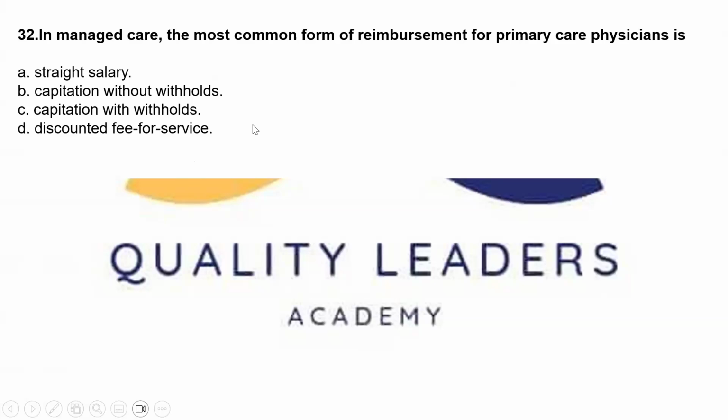Okay, in managed care systems, primary care physicians are often reimbursed through a capitation model with withholds. Withholds mean to deduct from a payment and hold back. So, under this model, physicians receive a fixed amount per patient per capita for providing care, regardless of how many services the patient uses. Letter A is uncommon in managed care because it does not incentivize cost control or performance.